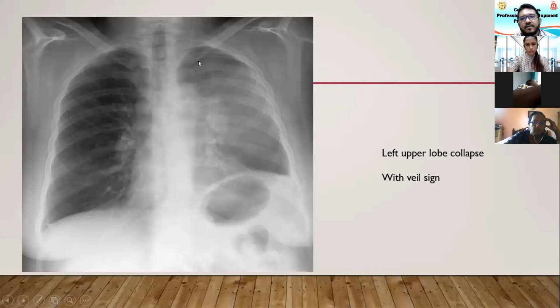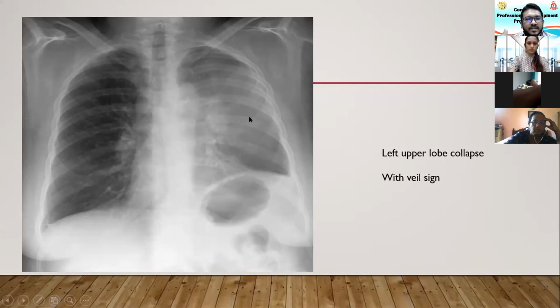This is like a veil coming over the inflated left lower lobe. You have hyperinflation of the left lower lobe, but there is a curtain coming over it, obscuring a little bit of the normal penetration. This is what you call the veil-like opacity, because it's like a curtain.